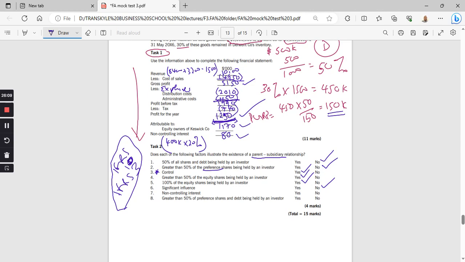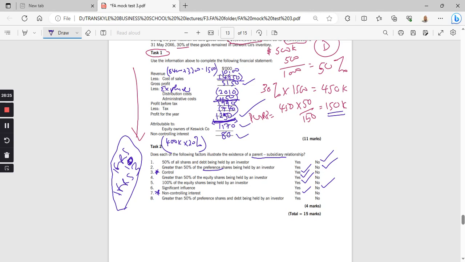So if there is an NCI, automatically there should be a parent subsidiary relationship. So the answer is yes. You can't have NCI when there is no subsidiary. It doesn't work like that.